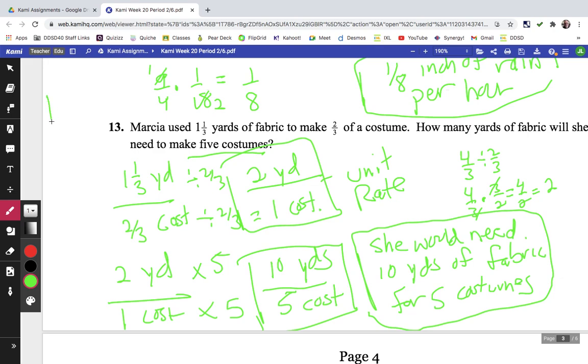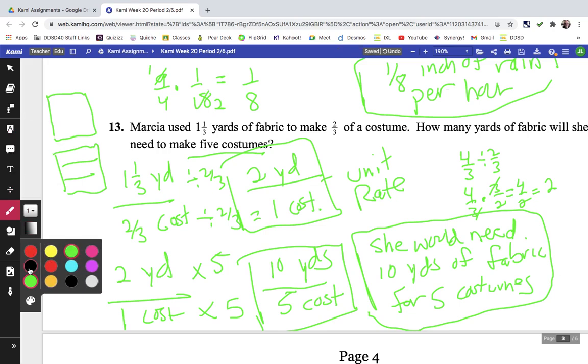Even if we drew a picture of the fabric, like if this was 1 yard of fabric and then a third, let me draw another one. Okay, so let's say that this is her fabric right here. There's 1 yard, there's 1/3 of a yard, and this gets her 2/3, and I'm going to draw the costume down here.